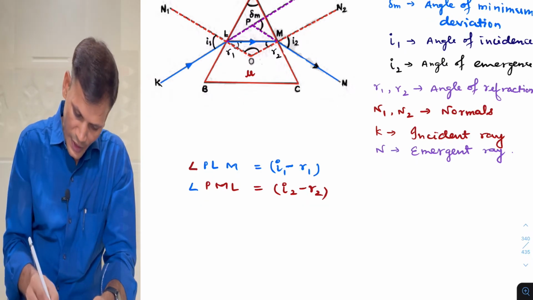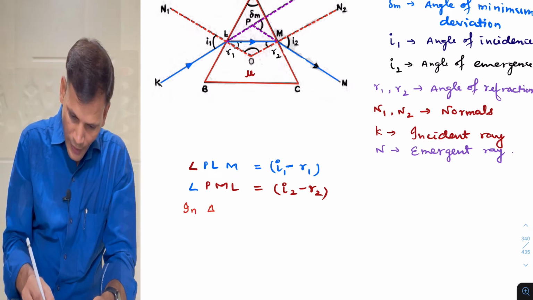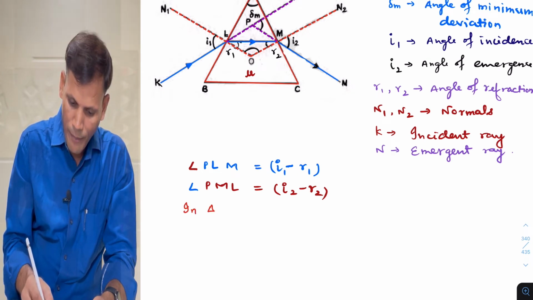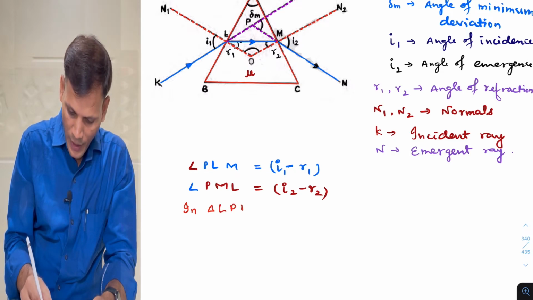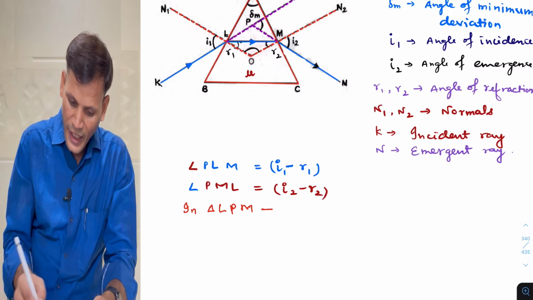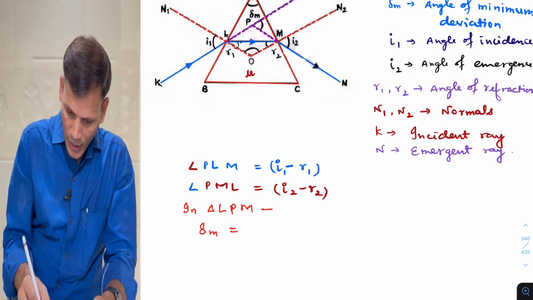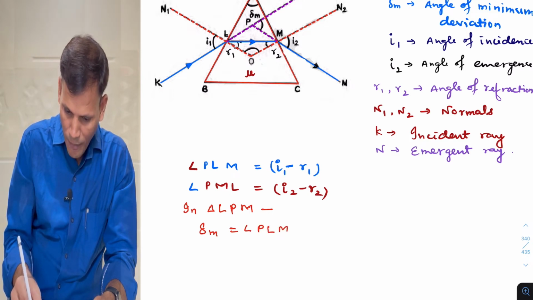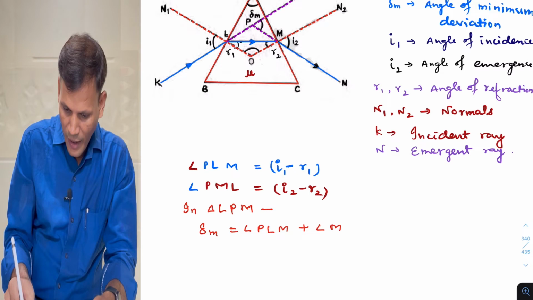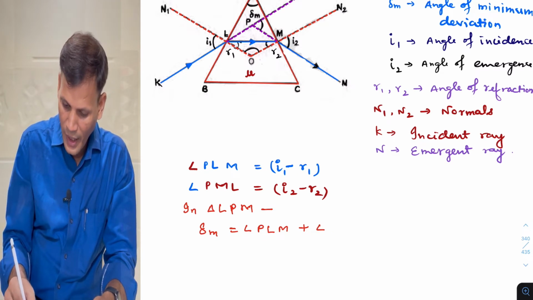I will write in triangle LPM, by exterior angle property, delta M will be angle PLM plus angle PML.